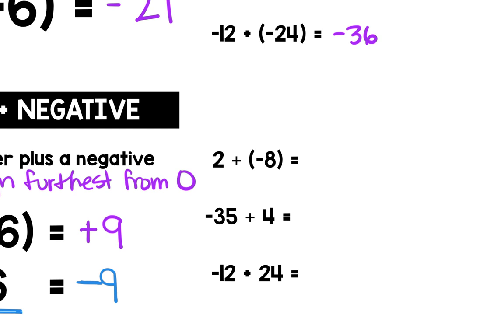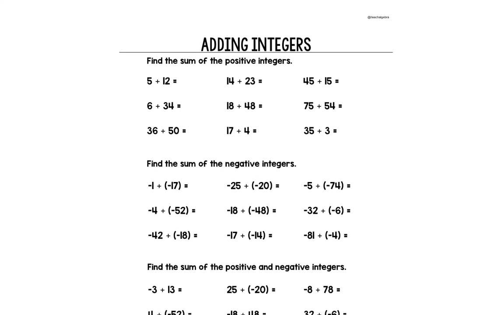So if we have 2 positives and 8 negatives, who's going to win the battle here? The negatives are going to win the battle. And after these 2 positives and 2 of these negatives match up, how many negatives are going to be left over?